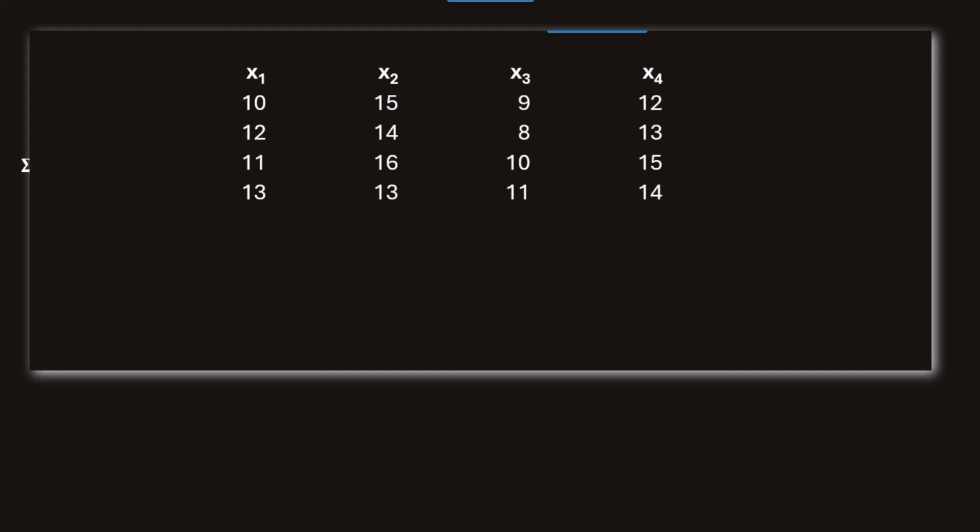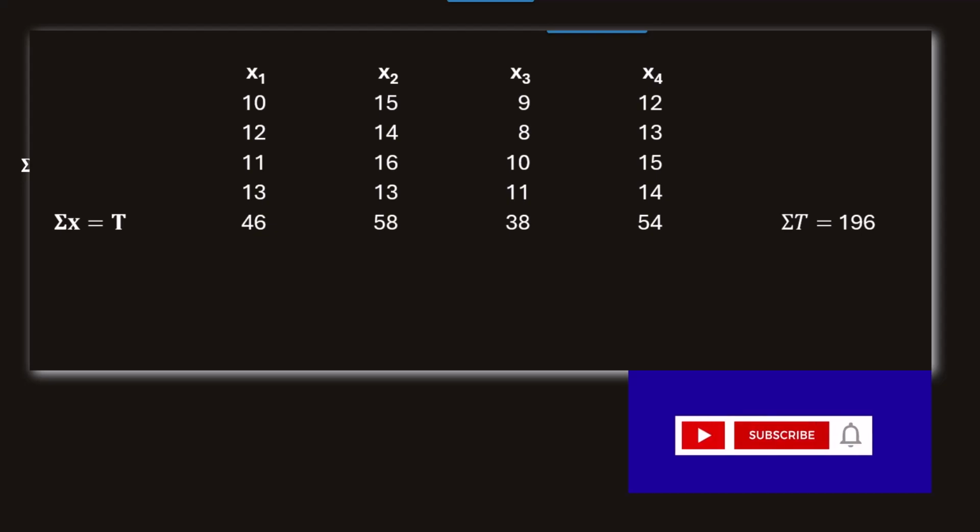Now find the sum of values, that is sigma x, otherwise known as T, for each column. They are 46, 58, 38 and 54. Arrive at the grand total of all the sums, that is sigma T. It is 196.